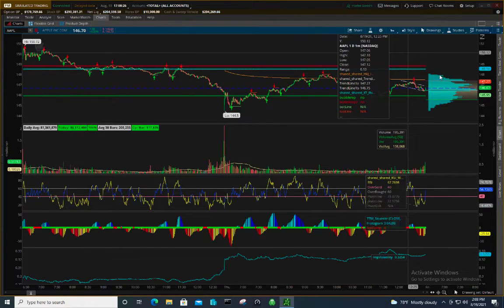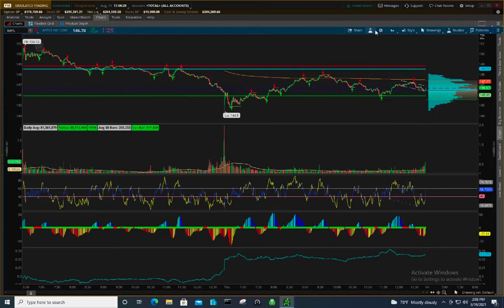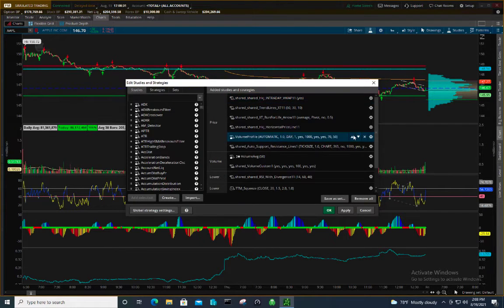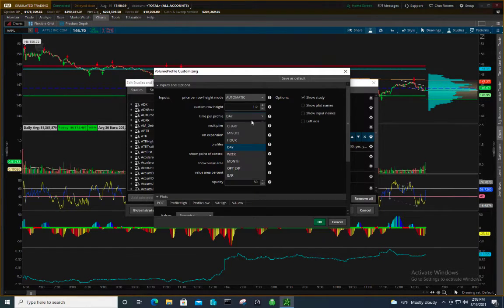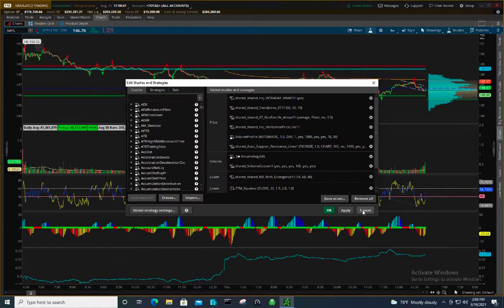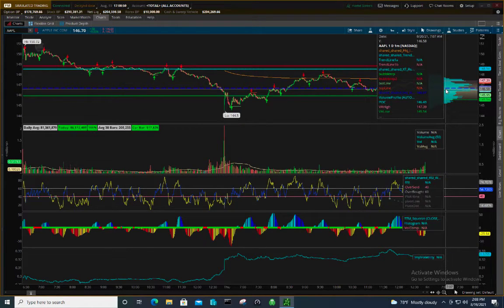You can modify this volume profile based on either days or over the chart, so you can set this to either the chart size or the day size. Normally I use it for day trading, so I always set it for day. So I would know that today Apple traded a lot around 146.